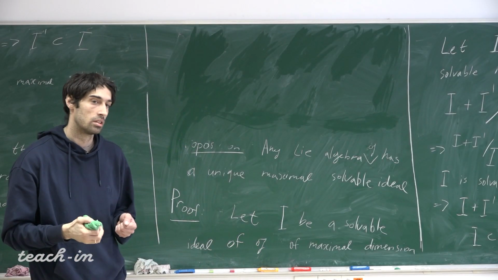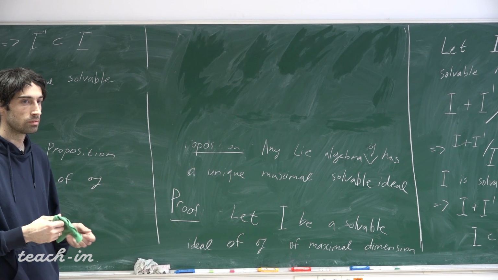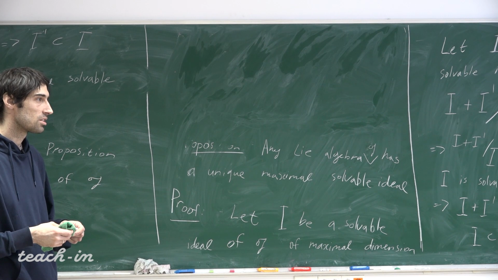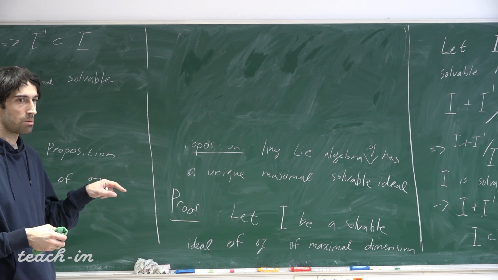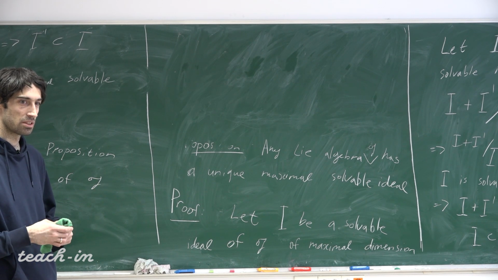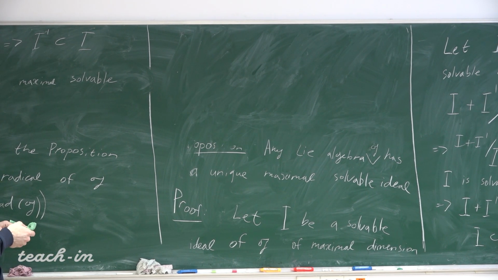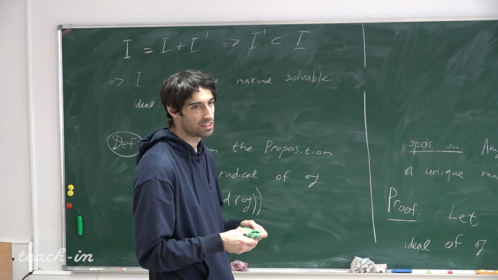Does this coincide with the notion in algebraic geometry when you take the radical of an ideal? Yeah. It means that some power of an element lives in this ideal. I don't see an immediate relation.